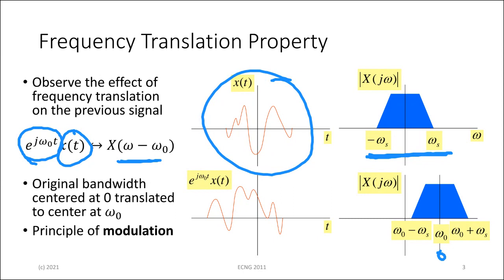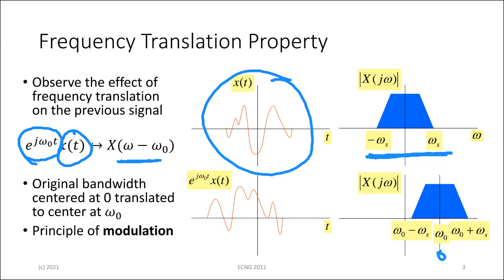More mathematically correct, I suppose, I could put X of j omega minus j omega 0, right? But we understand what we're saying, and we're dealing with the magnitude of the spectrum here, so we could get rid of the j once we're dealing with the magnitude.